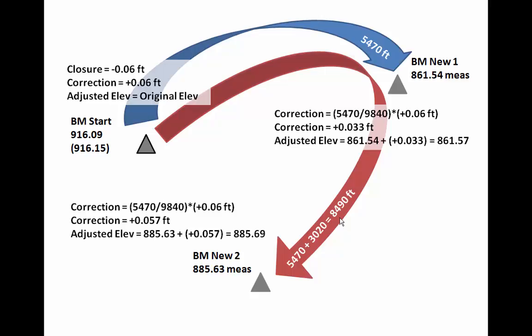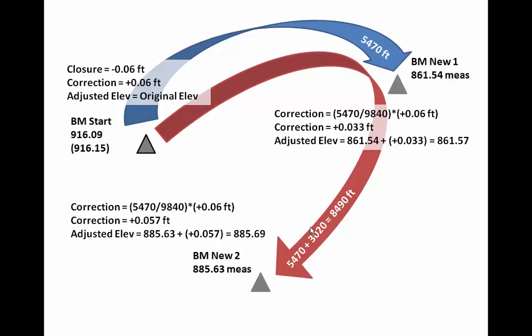So we take that fraction times the total correction in the circuit, 6/100ths of a foot, and that gives us 0.057 feet. When I apply that to my calculated elevation, then I get an elevation rounded to 2/100ths of 885.69 for that benchmark.